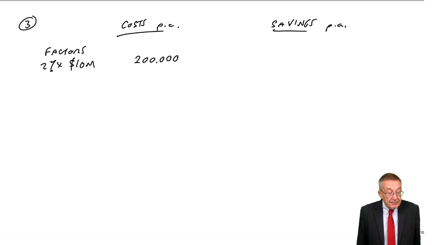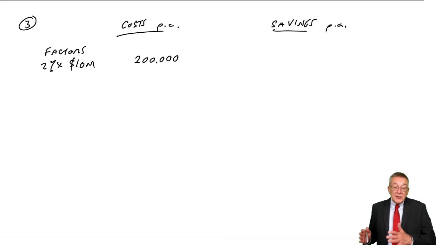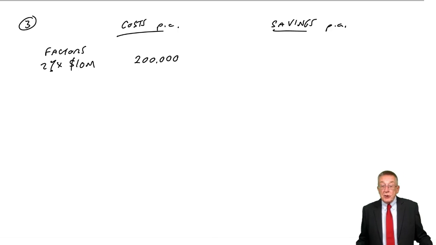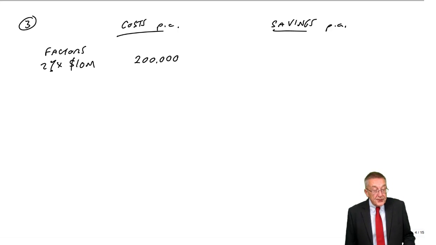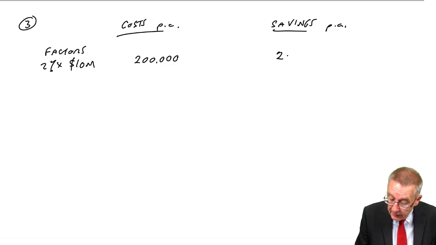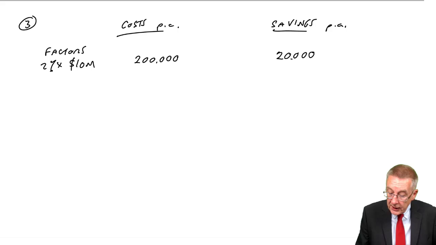What else? It also says that we'll be able to save money by having fewer credit control staff. And so there's a saving straight off there of 20,000 a year, fewer staff.